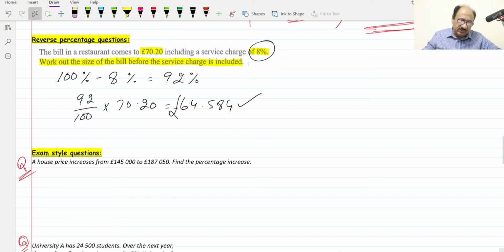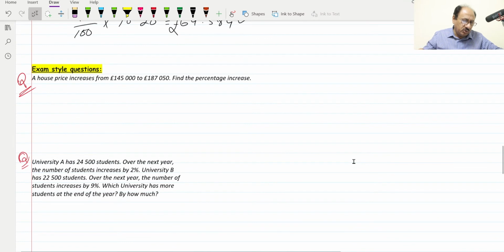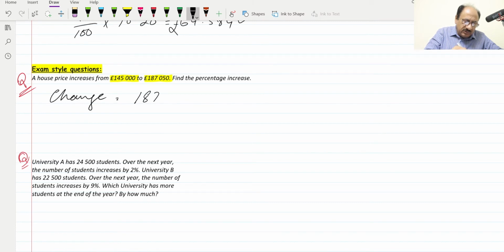Now I have taken some exam style questions also, like for example, a house price increases from this much pound to this much pound. Find the percentage increase. First we will calculate the change. 187050 minus 145000, this will be change.